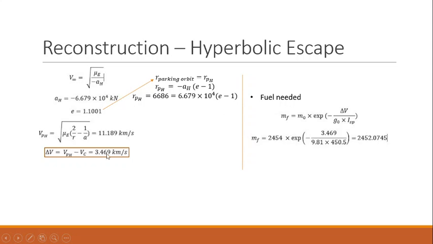The E is 1.1001, and we can find the delta V by subtracting V of pericenter of the hyperbolic trajectory by the velocity of the circular orbit. We get that the delta V is 3.469 kilometers per second, and we can find the fuel needed by using this equation. We get the fuel is 2452.0745 kilograms.